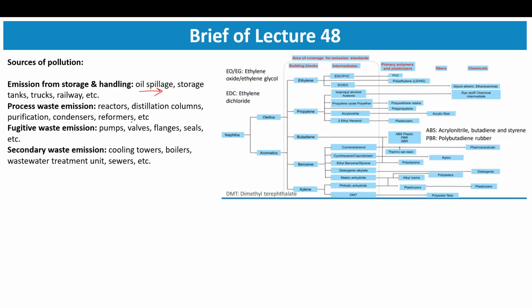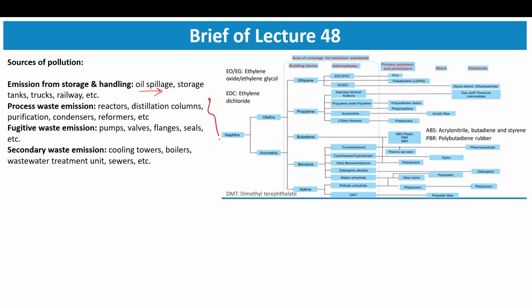So there are multiple reactors, columns, purification processes, condensers, and reformers used, and each of these processes generates wastewater streams. Further, there could be pipelines and flanges which might generate leakages, and it could be a source of emission.